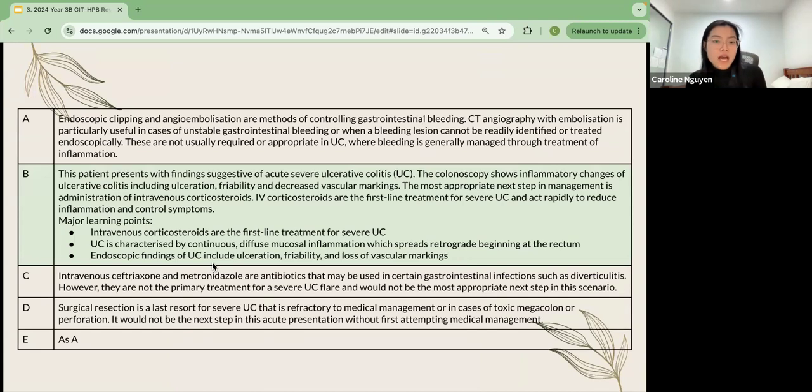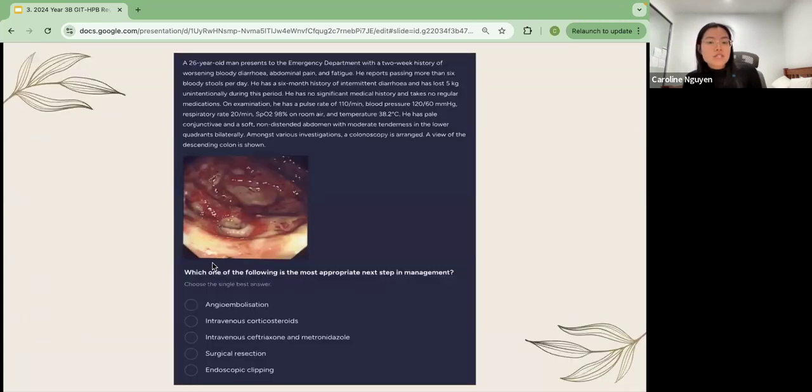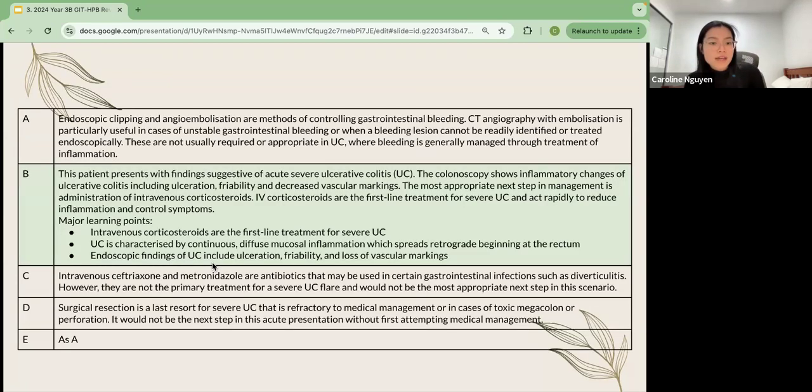The major learning points are intravenous corticosteroids are first-line treatment for severe ulcerative colitis, and it's characterized by continuous diffuse mucosal inflammation, which spreads retrograde beginning at the rectum. So that's why surgery is an option for ulcerative colitis, but is less of an option for Crohn's because it just happens everywhere. Endoscopic findings of UC include ulceration, friability, and loss of vascular markings.